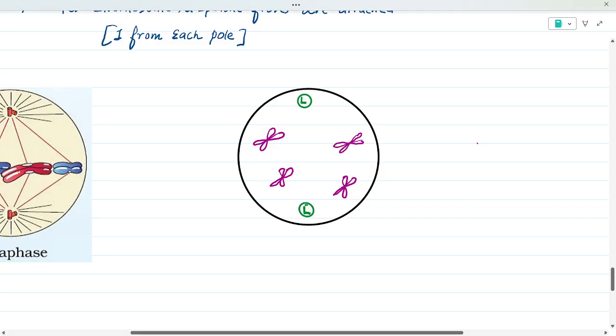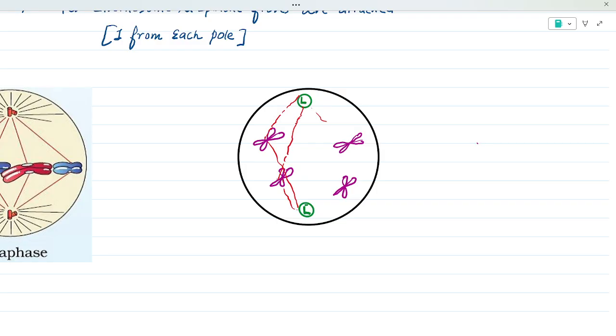We have studied there are kinetochore fibers, which are attached to each kinetochore site with respect to each chromatid.